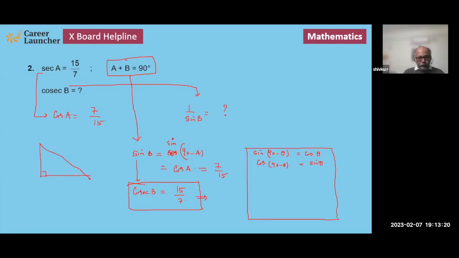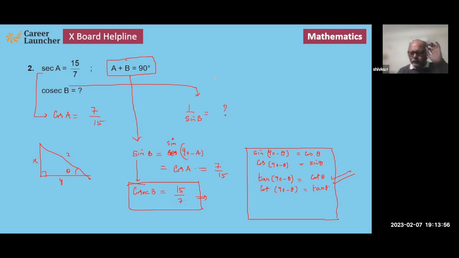This is theta, and let's say the sides are x, y, z. Tan 90 minus theta is equal to cot theta. Cot 90 minus theta is equal to tan theta. Whatever the values, you must remember this standard. Whenever you forget, you can always draw the triangle, and you will always be able to find the results all by yourself.